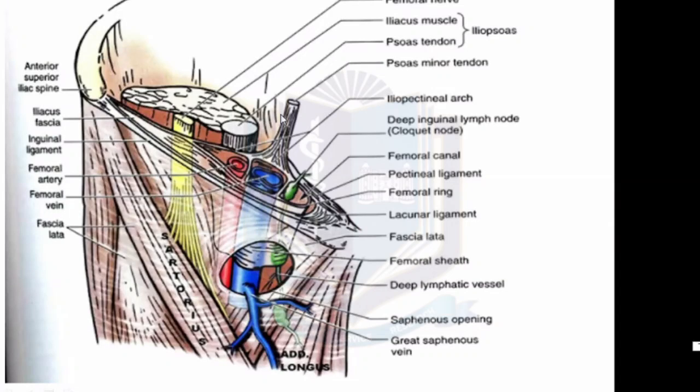Okay. Now, anyone can tell me what you have studied regarding the femoral triangle? What is a femoral triangle? Depression on the anterior part of the thigh. Shape is?